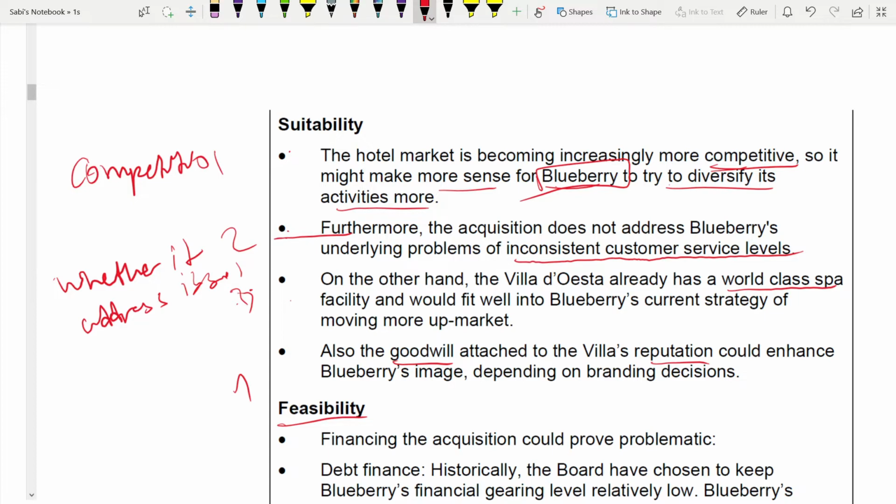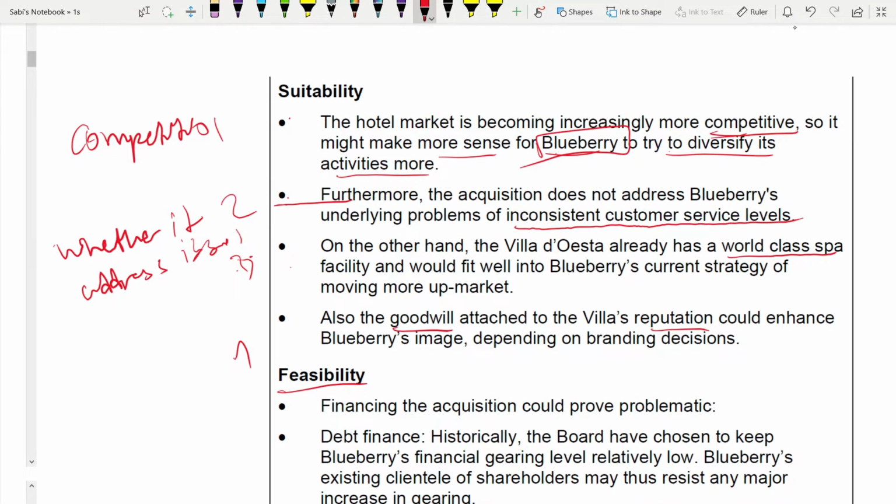Third, on the other hand, the villa, mention the name of the owner, and write words like on the other hand. This connects your third paragraph with your second paragraph. This is how you use connecting words. You must have learned this in English language. I'm not teaching you English, but if you use connecting words, the answer becomes more professional and looks better than writing bullet points.